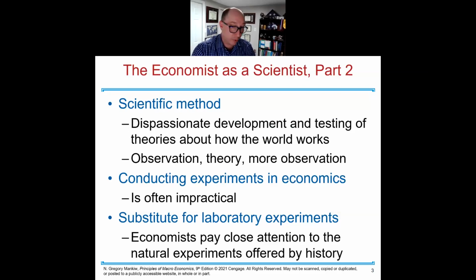Instead of a laboratory that you'd normally have, economists look at what we call natural experiments, and they're often based off of historical figures. You may have heard somebody say, hey, history repeats itself. In economics, that's very true. You'll notice that the economy is very cyclical in nature.